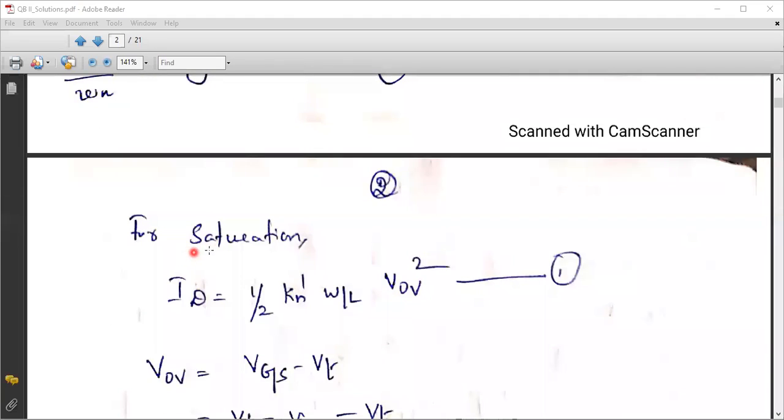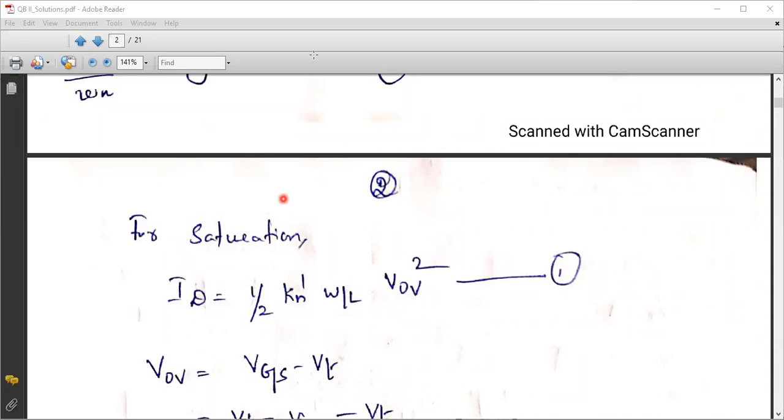So for that, we will assume saturation, because in the saturation region we can expect a stable, almost constant drain current, and the MOSFET amplifier can be operated in a linear manner. For the saturation region, we know the equation for ID, which we have already familiarized from the first module: half Kn dash W by L into (VGS minus VT) the whole square, which is nothing but VOV.